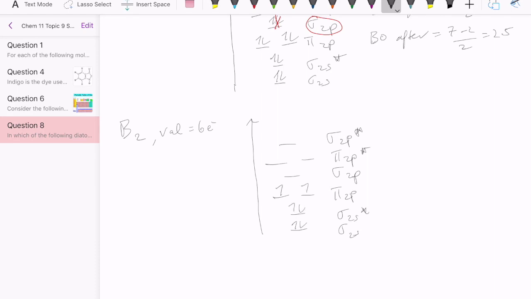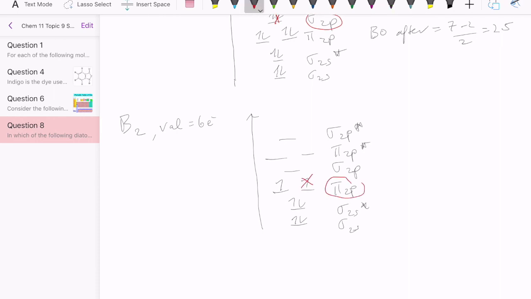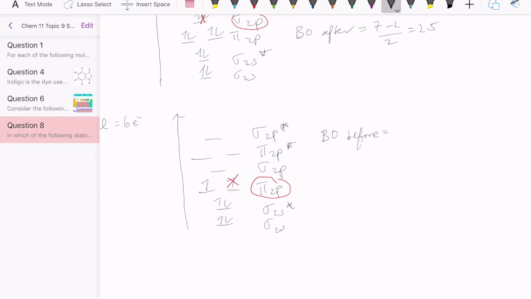Because of Hund's rule, those electrons have to be separated. Taking out 1 electron, again in this case from a bonding orbital, means that we're going to weaken our bond. Same calculation: the bond order before is 4 minus 2 over 2, which is 1. And then after, 3 minus 2 over 2, which is 0.5. So that's a weaker bond afterwards.